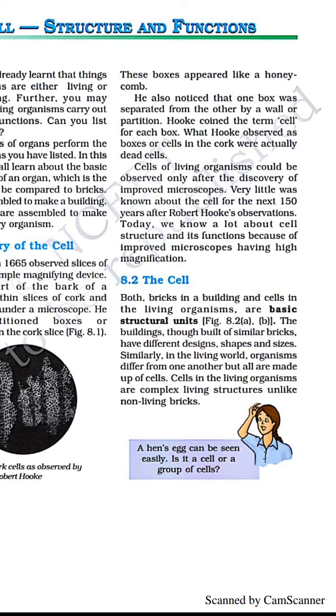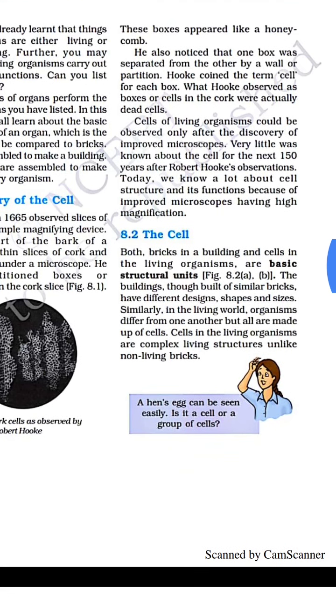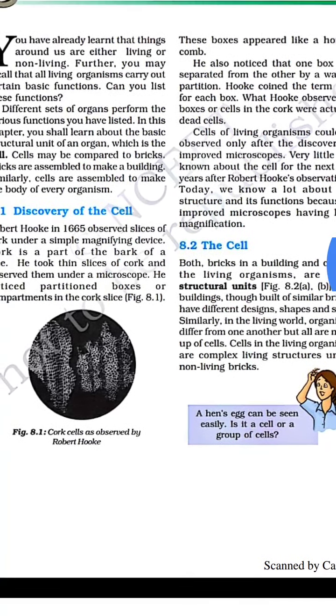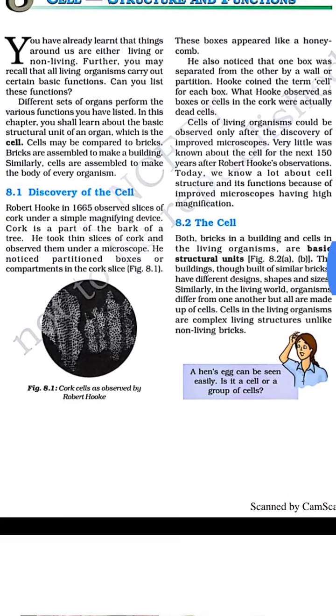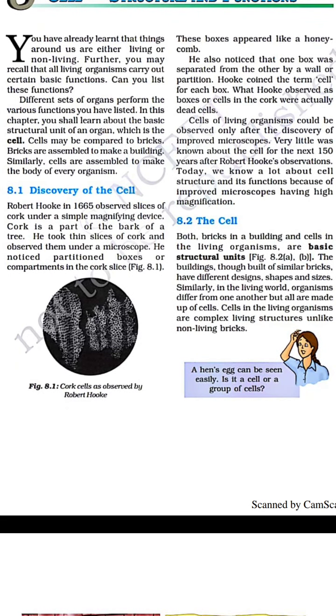But as improved microscopes were not there in 1665 during this experiment, very little was known about the cell. About 150 years after Robert Hooke's observation of these cork cells, we still did not know much about cells, because improved microscopes took a long time to come.